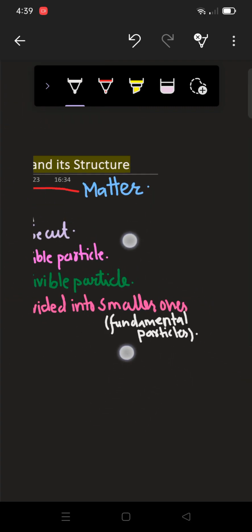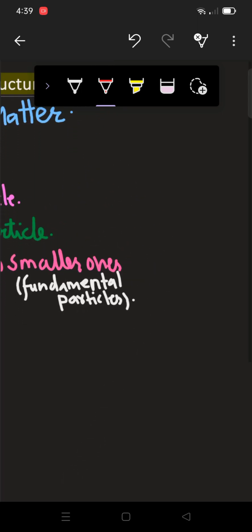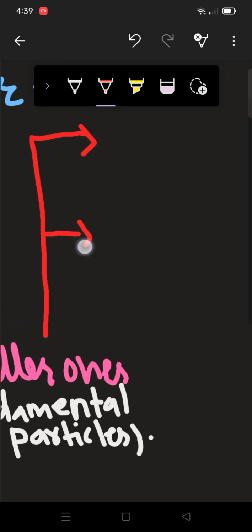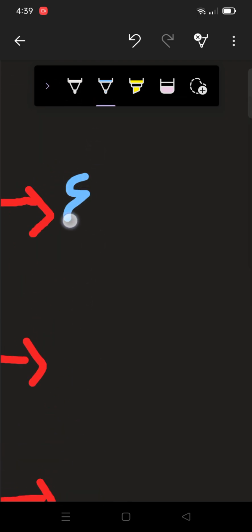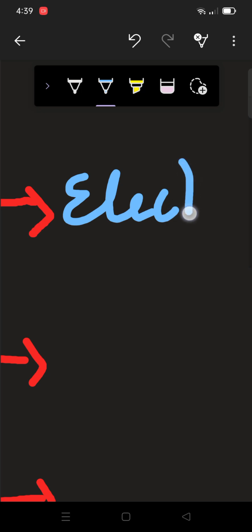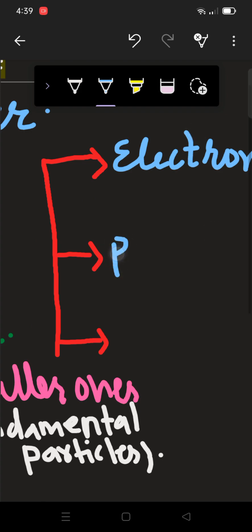And what are those fundamental particles? Let's write those as well. We have basically three fundamental particles. 1, 2, 3. So the first one is electron. Second, proton.